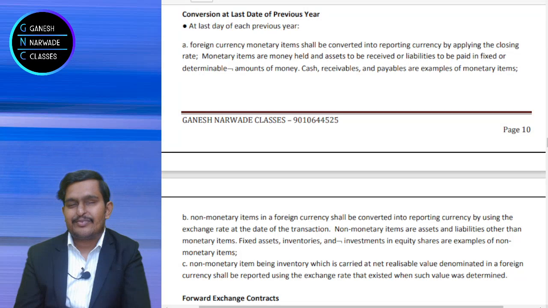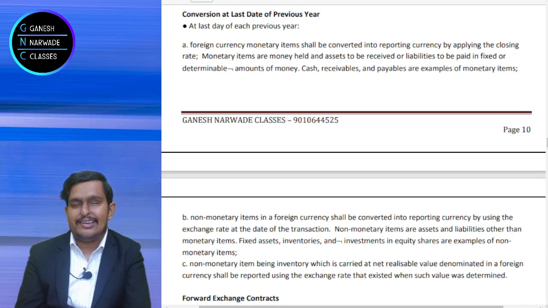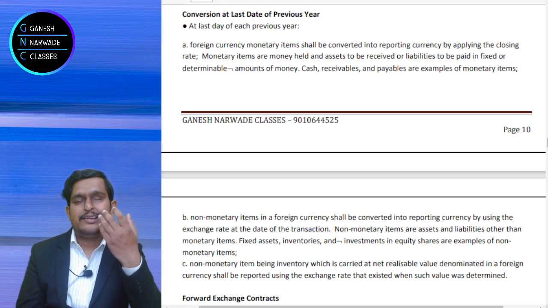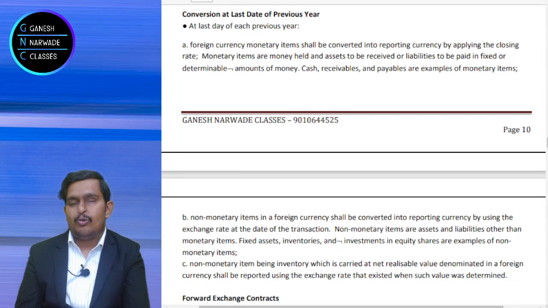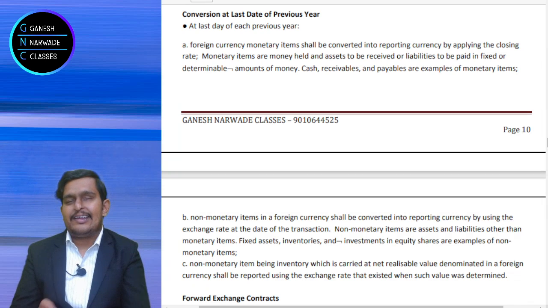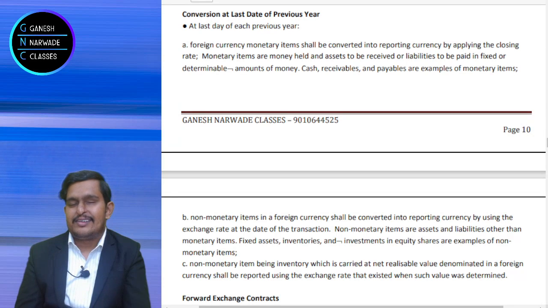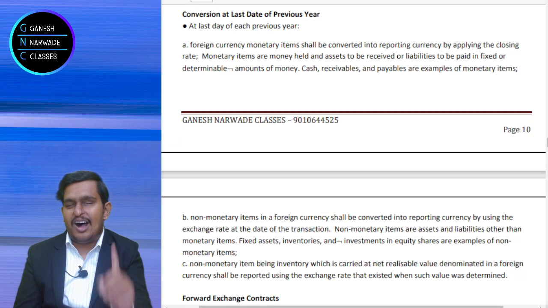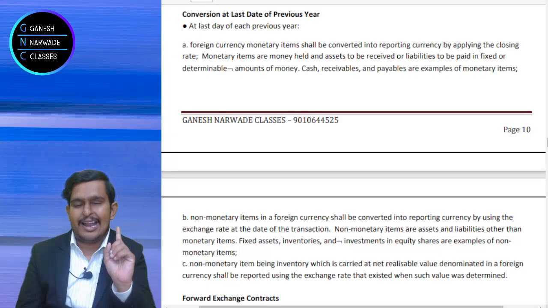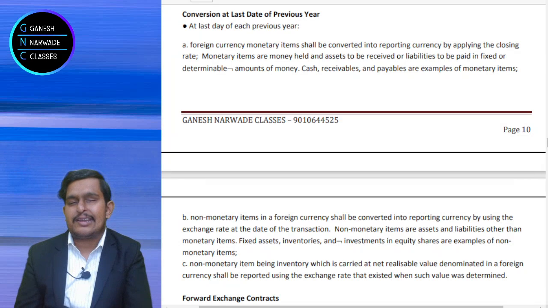Clear? Yes, sir. Now coming to one more point, I have to consider even inventory, right? Because non-monetary items are fixed assets, plant and machinery, furniture, inventories, all that are there, right? So what to do about inventory? We studied in ICDS too that inventory should be valued at cost or net realizable value, whichever is lower. Now cost we will take based on transaction value. But what about net realizable value?